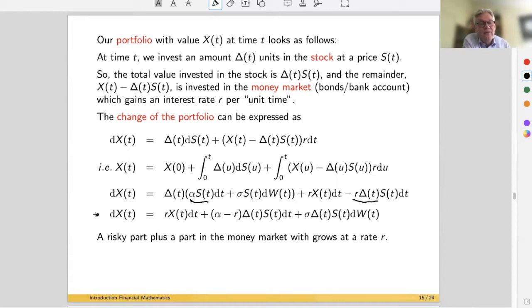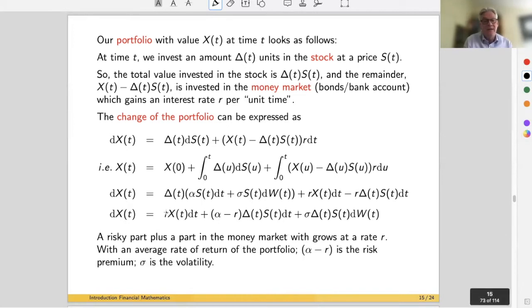So here we have collected the dt terms and the dW term, and we see a risky part, that is the part where S is involved, and a part in the money market, that grows with interest rate r.